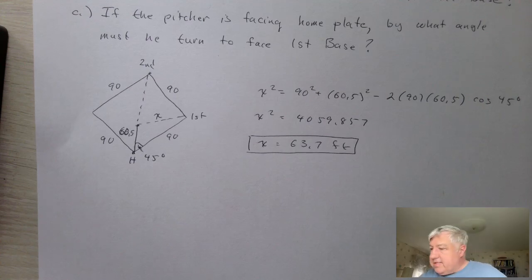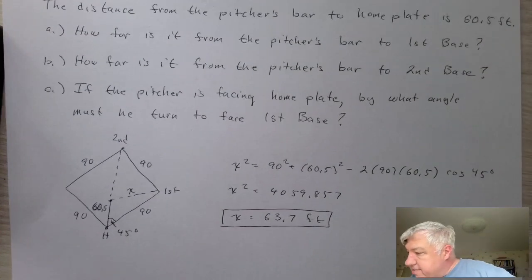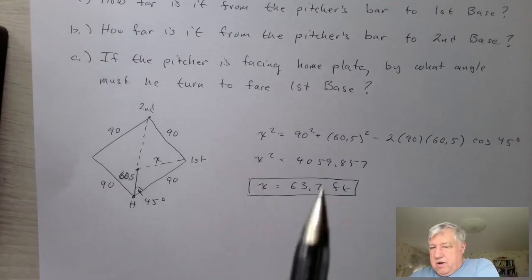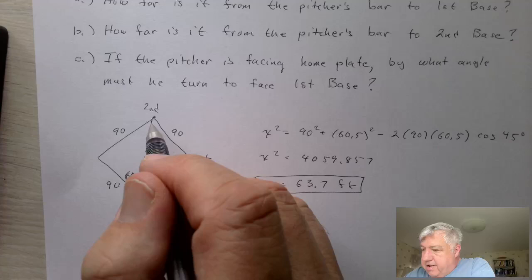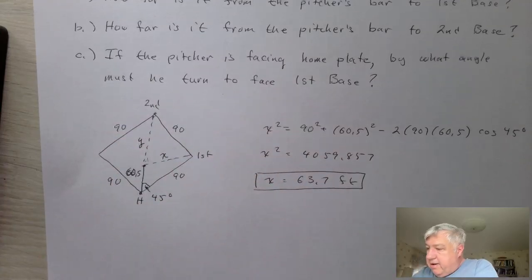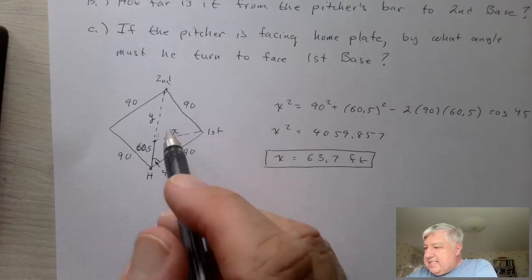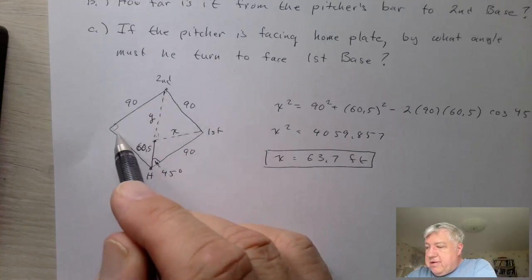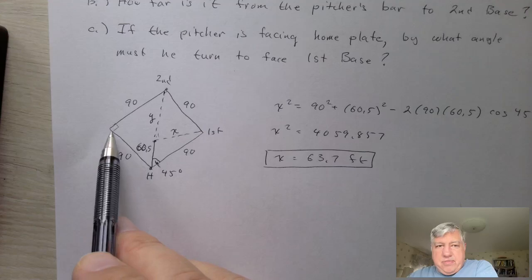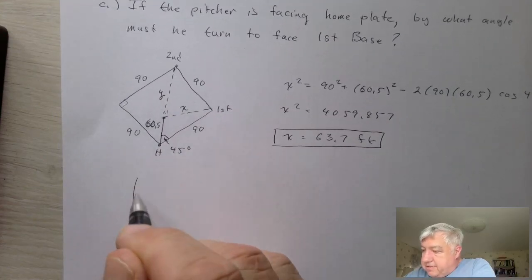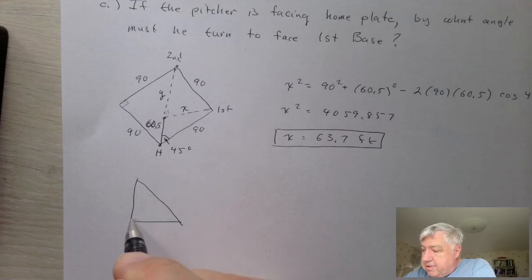What's the next question? How far is it from the pitcher's bar to second base? That is this distance right here. If we call this distance y, we can see that we have a right triangle here, with a right angle at third base.